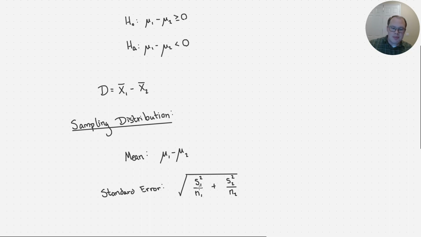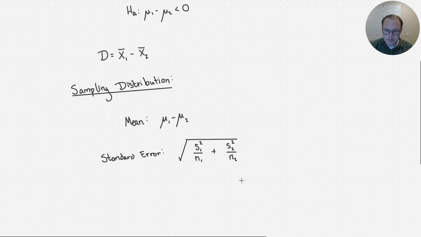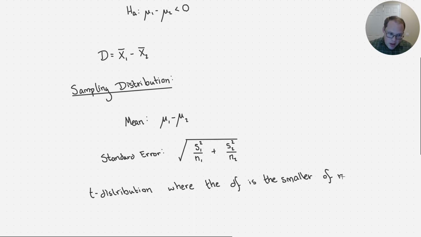That's going to be our standard error. Now, because we are using the sample standard deviations, S1 and S2, and not the population standard deviations, we need to use a t-distribution here. So we're going to use a t-distribution for our sampling distribution, where the degrees of freedom is the smaller of n1 minus 1 and n2 minus 1.